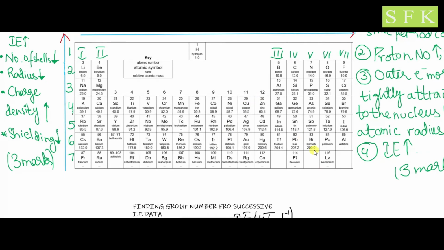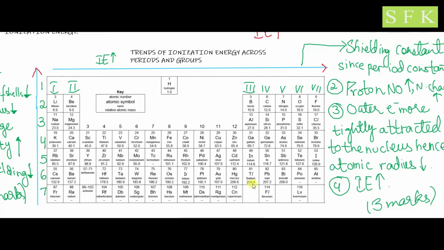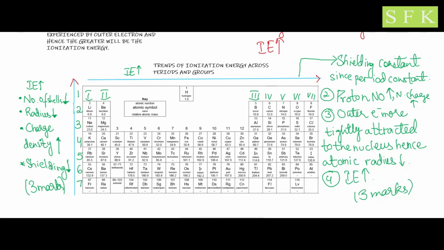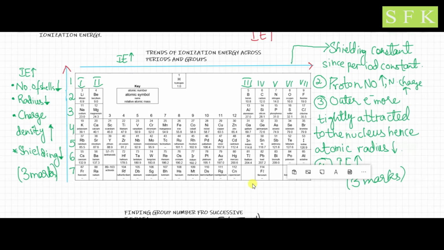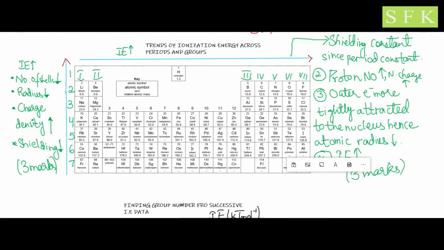Okay, so now let's move forward to a very important part of the syllabus. I've seen a lot of questions in the past year papers related to this topic, the trends of ionization energies across periods and groups. Okay, look at the blue arrows I've drawn on this part of the periodic table.